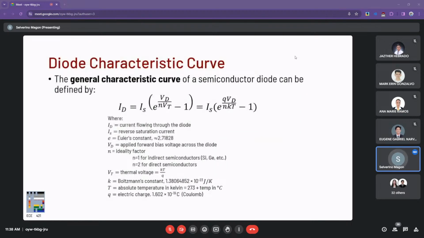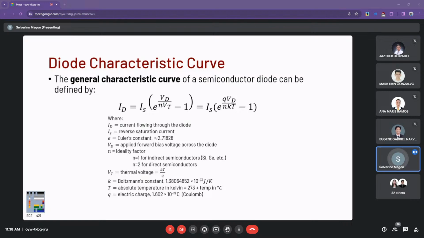All right, some properties that you need to remember are these parameters.